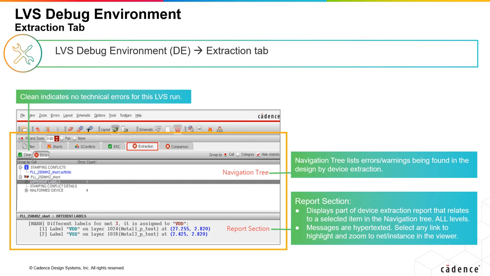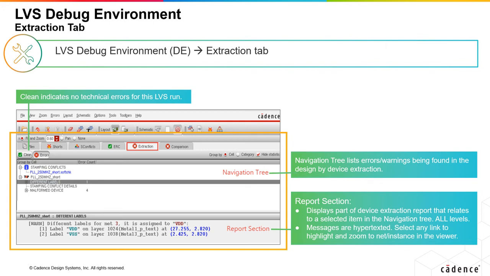The navigation tree lists errors or warnings being found in the design by the device extraction group, by cell or category mode. The report section shows the device extraction report. Information which is shown in the report section depends on cell, category or item selected in the navigation tree. Messages in the report section are hypertexted. You can select any link to highlight net or label in the layout or schematic viewer, or to zoom to selected coordinate.